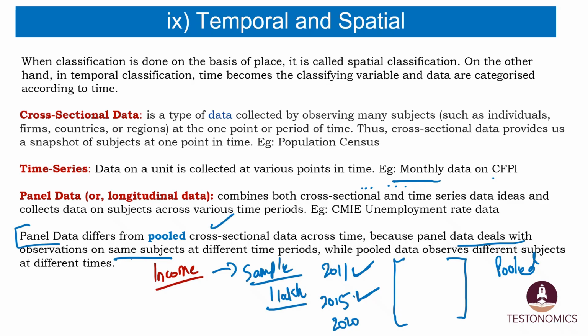That means in a particular time period, let's say 2011, we collected data on different aspects, or let's say different space. There is a spatial element, that means there is a cross-section. Then we have time period also, because we collected in 2015, in 2020, maybe again in 2025. So cross-section plus the data on time series, that's what is giving rise to pooled data. And if we are surveying the same subjects, then that is what is becoming a panel data. So make this difference clear. Now let's move ahead.